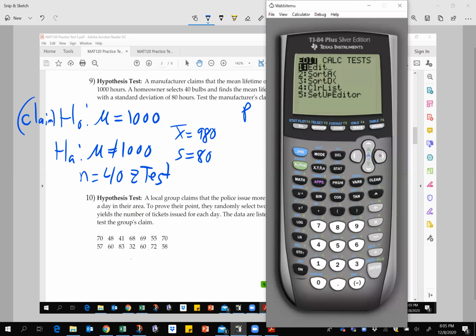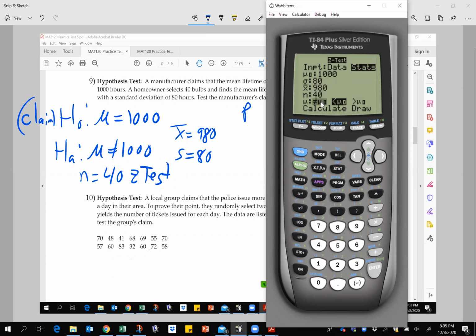We go stat, tests, still using a z-test. The mean from the hypotheses is the number 1,000. The standard deviation is 80. Our sample mean was 980. Sample size was 40.